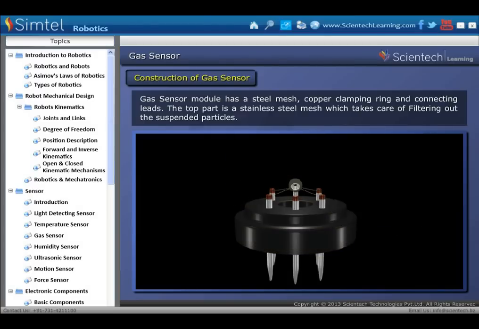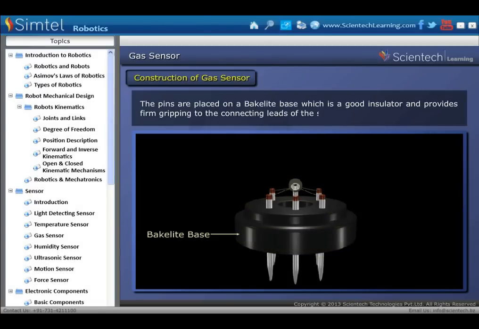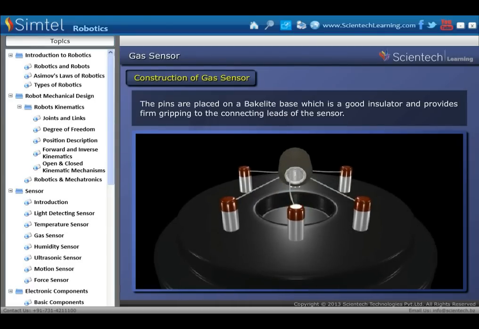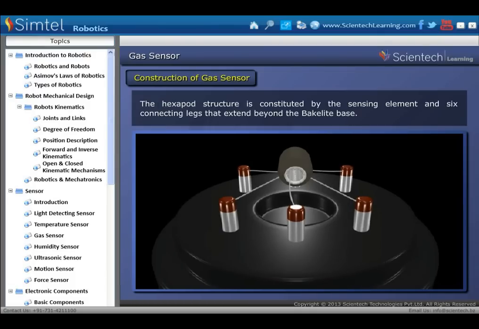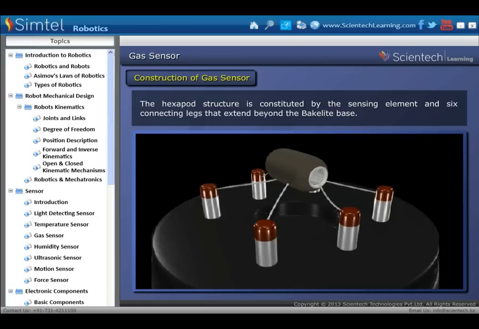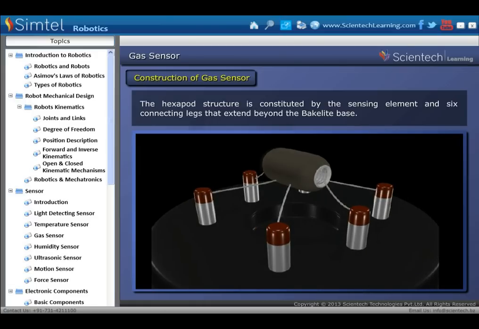Now, the pins are placed on a bakelite base, which is a good insulator and provides firm gripping to the connecting leads of the sensor. Here, the hexapod structure is constituted by the sensing element and 6 connecting legs that extend beyond the bakelite base.